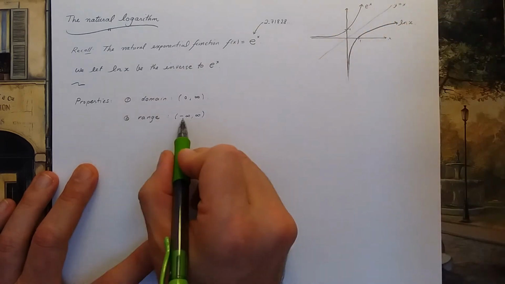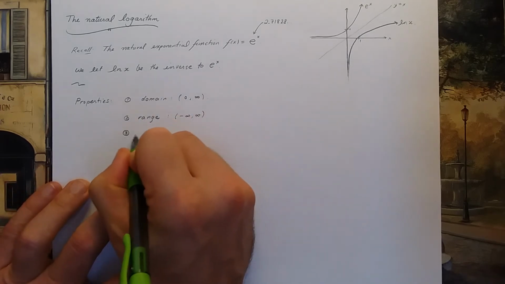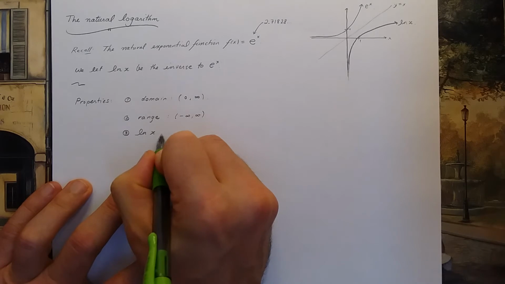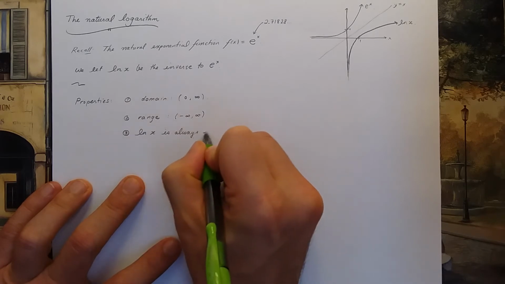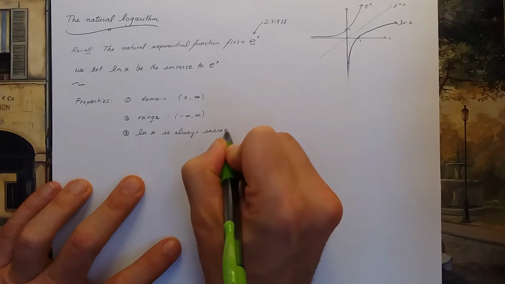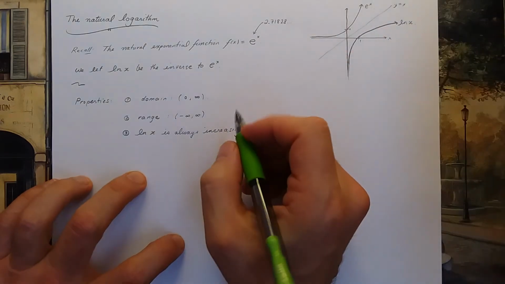So the range is negative infinity to infinity. It's pretty clear from the graph that the natural log x is always increasing. It's going up, it's never going down.